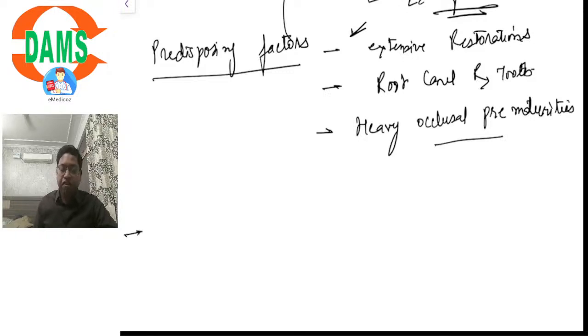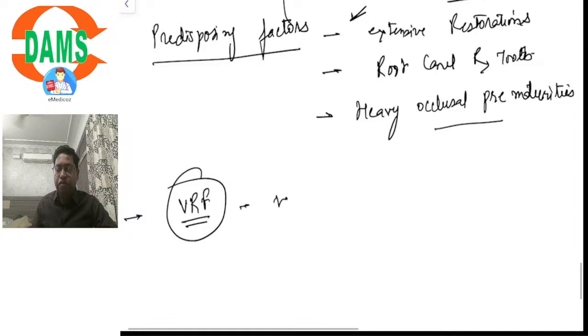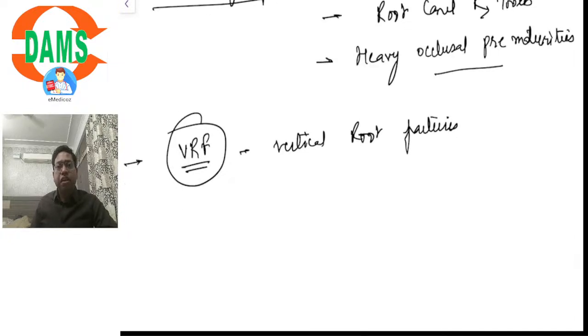When we talk about the root aspect, then the important thing is vertical root fractures, VRF. Technically, vertical root fracture should not be confused with a split tooth.